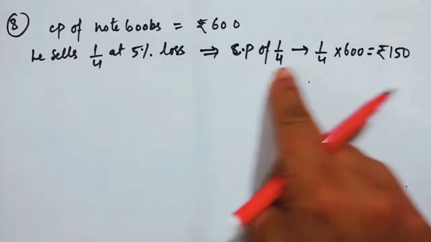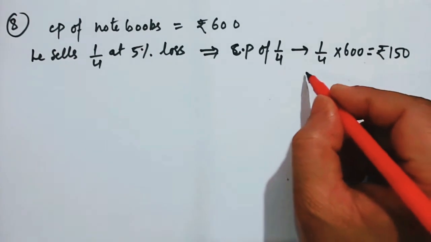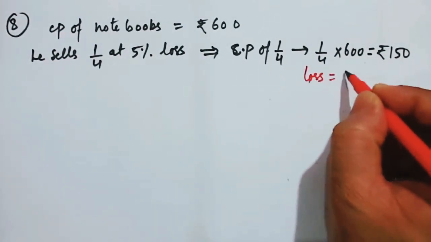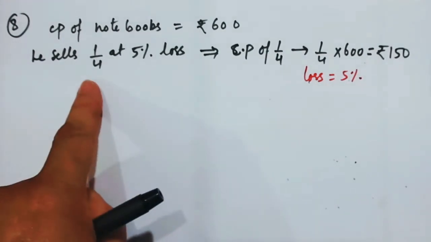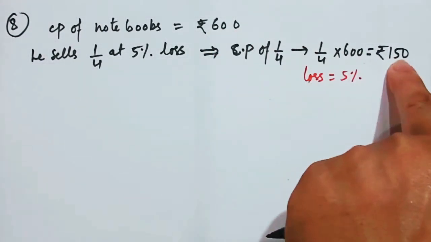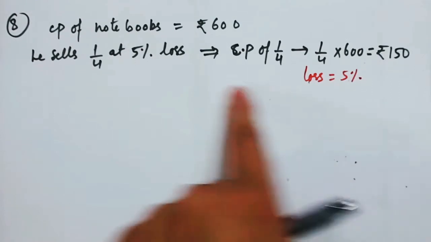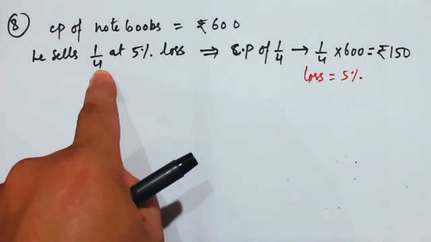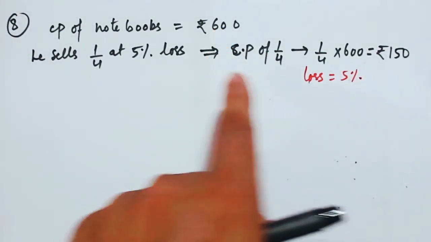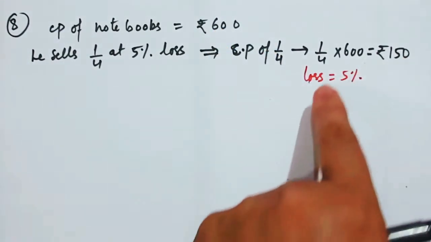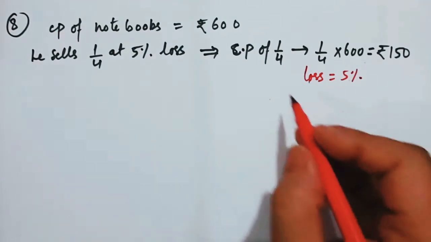Naturally, when you find the selling price, first you will have to find out the cost price. Because the data of cost price is given, the cost price of 1/4 is this much, loss is equal to 5%.